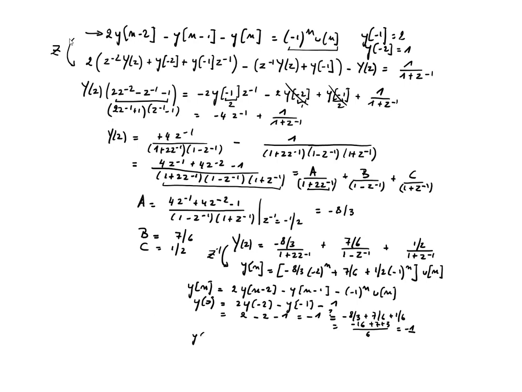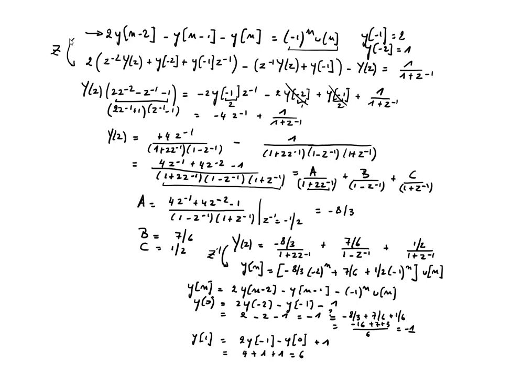You can obtain also y[1]. This is 2 times y[-1] minus y[0], and if you take this one and you take 1 inside, you have plus 1. So you have 4 over here, y[0] is minus 1, so plus 1 plus 1, so that's a 6 over here.